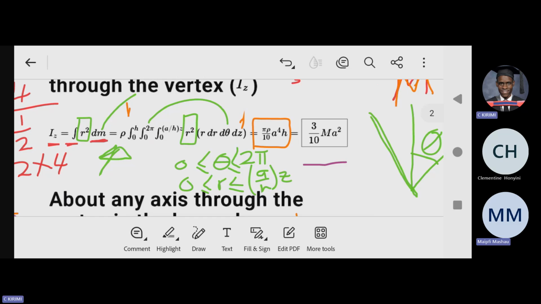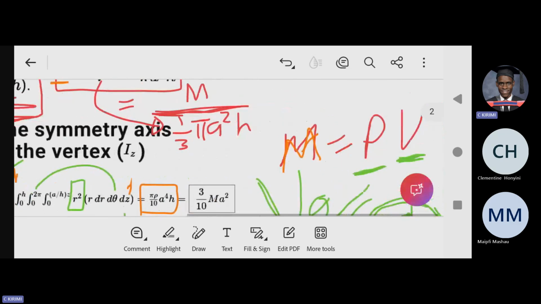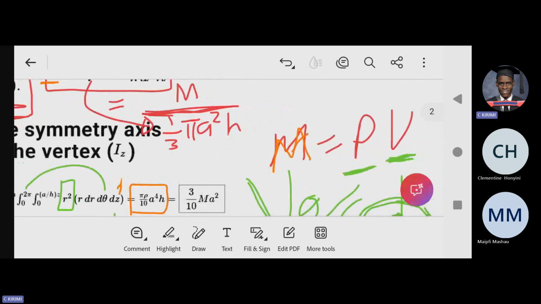Okay. Can you please explain the part where we have the density and the derivation, and then 0 and h? I replaced dm with rho dV. We told you about the volume element.